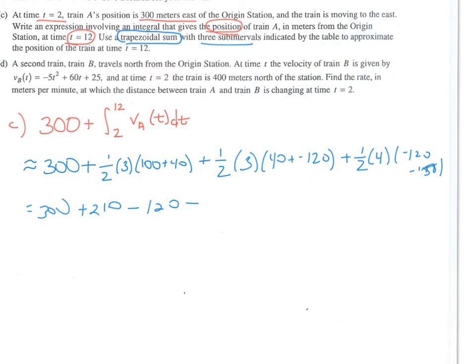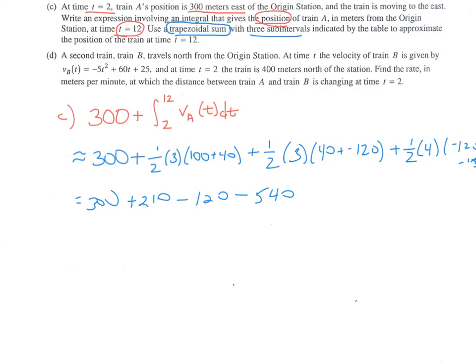And then our last term here looks like negative 270 times 2. So 510 minus 660 is negative 150. Okay. So that is our approximation for part C.